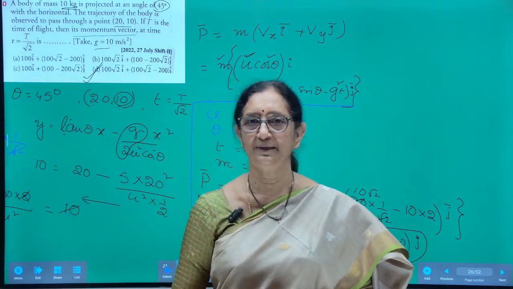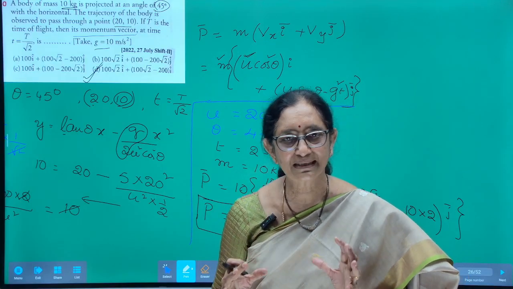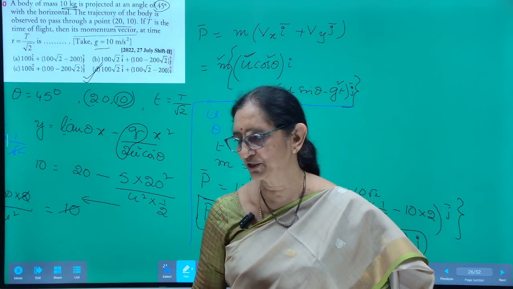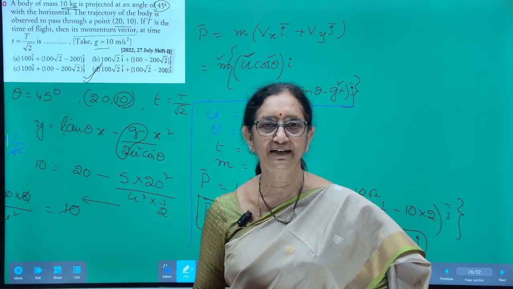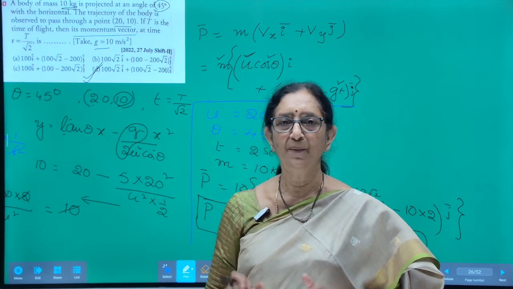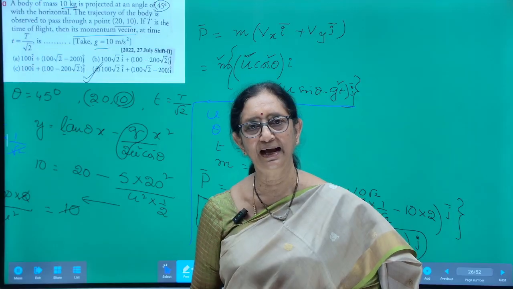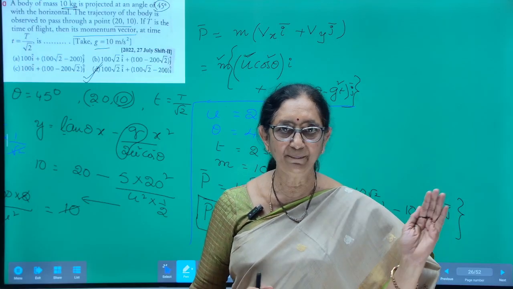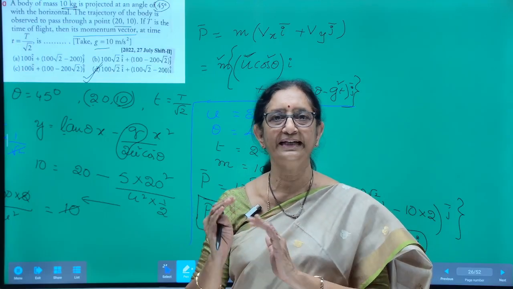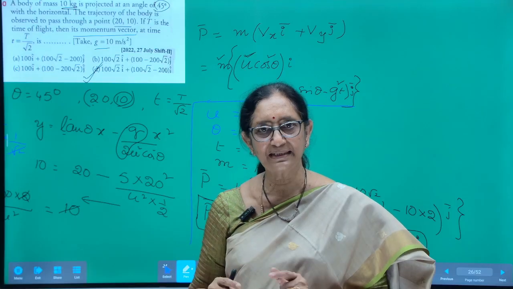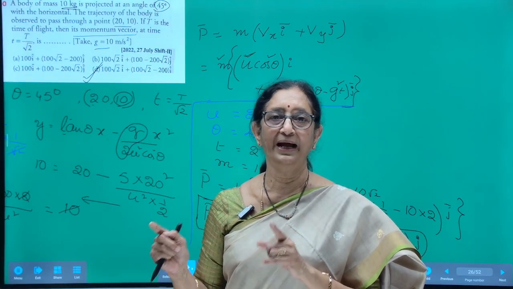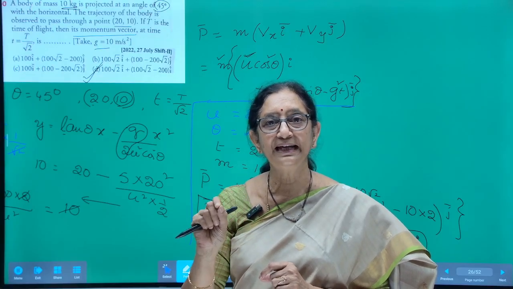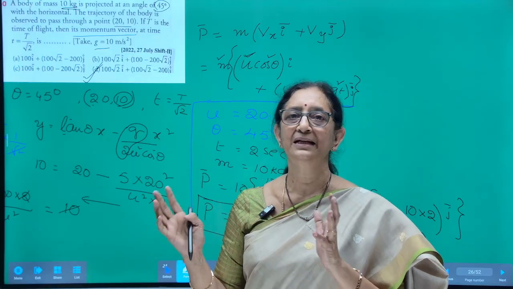So, I repeat that problem once again. You are supposed to find out the momentum vector of a projectile at any instant of time t. So, the momentum vector of a projectile has x component and also y component, m into u cos theta i bar plus the velocity at any instant of time along the vertical, u sin theta minus gt, j bar.